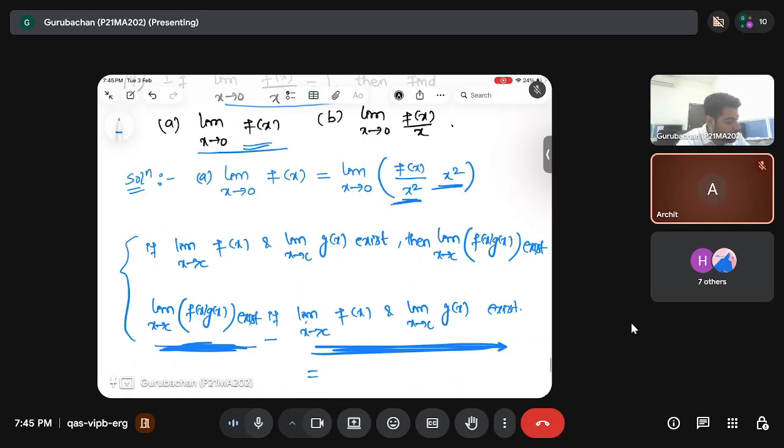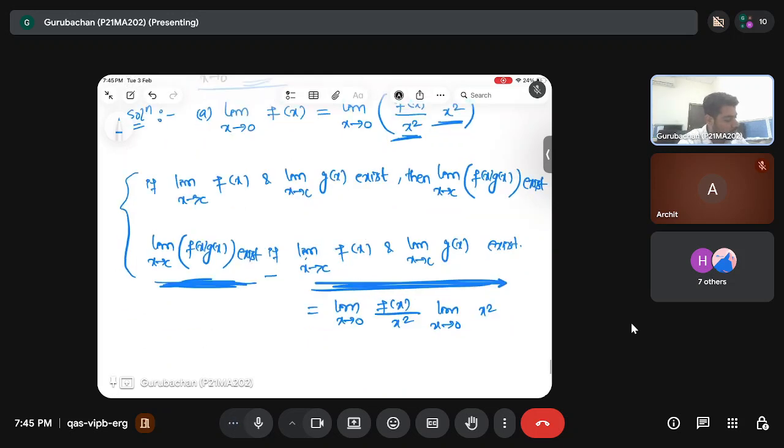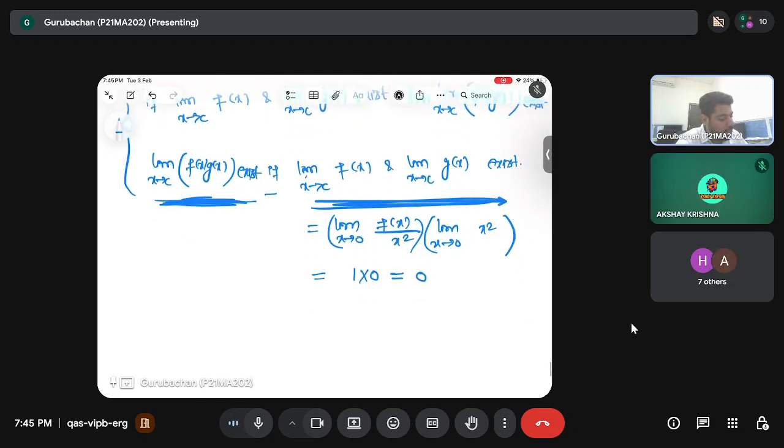So what will be the product limit? Limit x tends to 0 of f(x) by x square, times limit x tends to 0 of x square. Can I write like this? Yes, sir. Now what is the value of this, 1 into 0? It is 0.